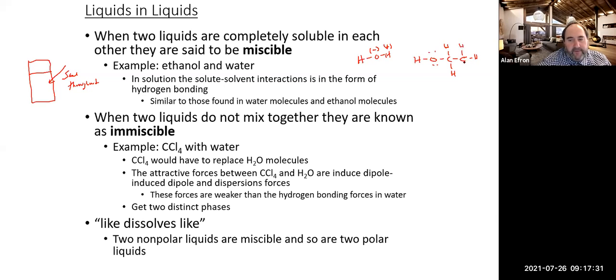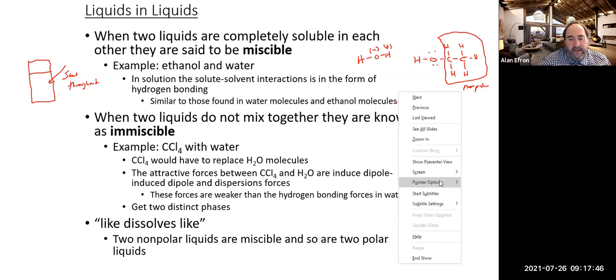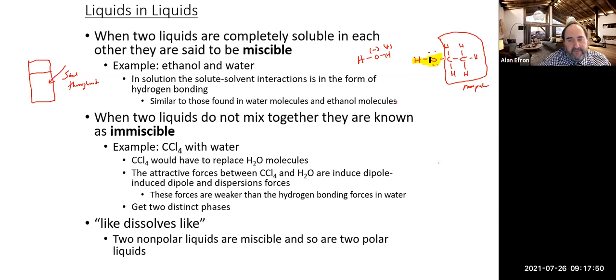Ethanol is an organic molecule, and it's got two parts to it. It's got this part here, which is pretty much all carbons and hydrogens and nonpolar. But it contains that OH bond at the end, and that OH bond is really important for its functioning. This OH bond is the same OH bond that we see in water.